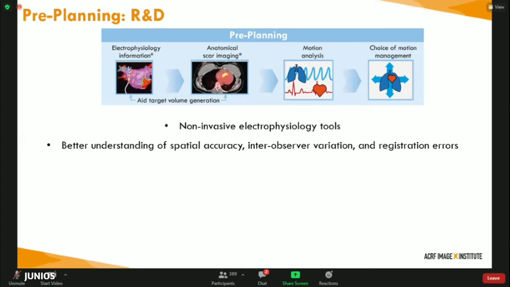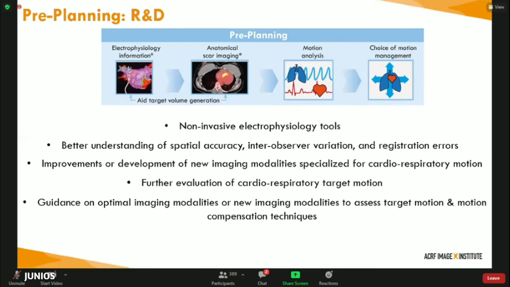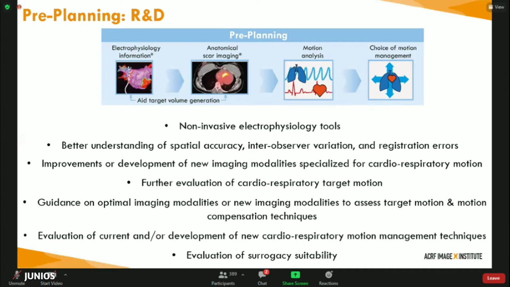So there are a number of important scientific questions and research and development opportunities in the area of pre-planning. It would be advantageous to have a better understanding of the spatial accuracy and registration errors of electrophysiology tools, as well as further development of non-invasive electrophysiology tools. We could also improve our ability to acquire accurate information in the presence of cardiorespiratory motion and get further guidance on optimal imaging modalities for assessing target motion.